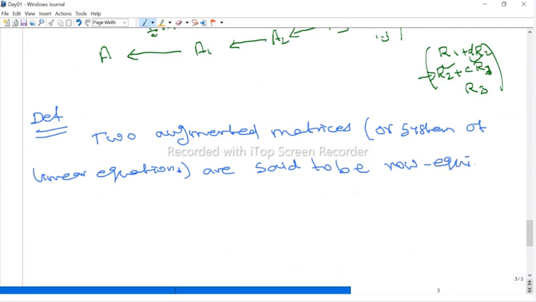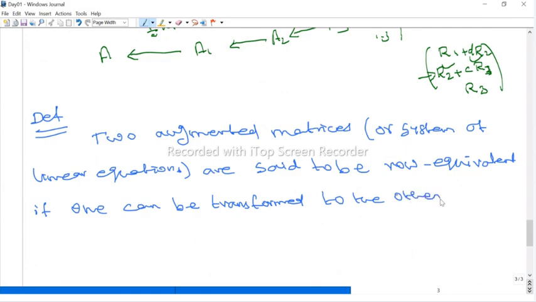So that means what? If one can be transformed to the other by a finite sequence of elementary row operations.